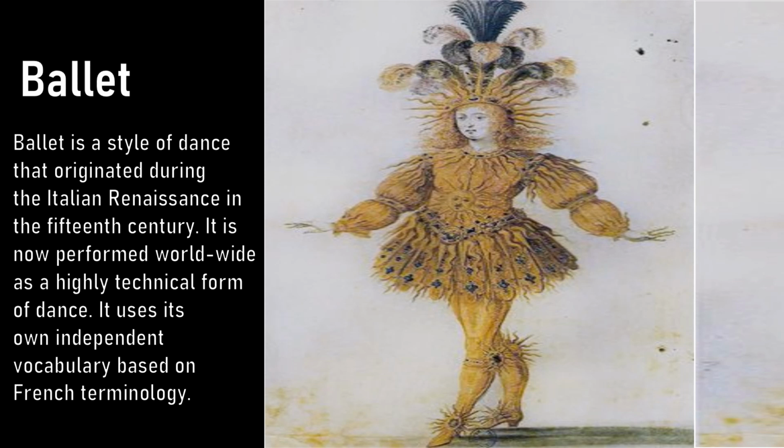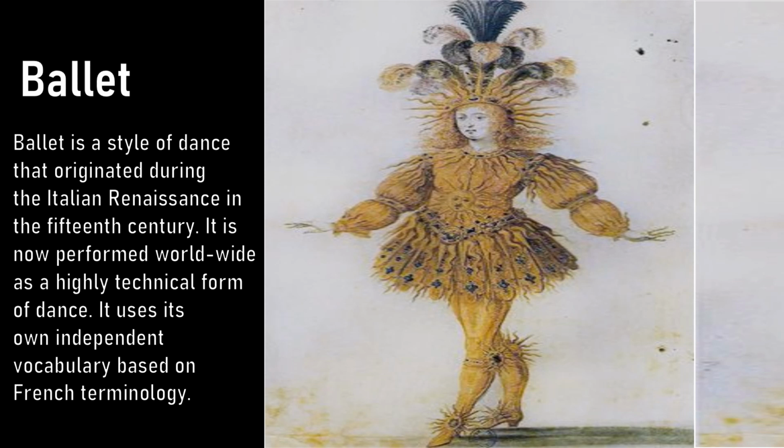Okay, just a little bit of context and description of what I see ballet as. Ballet is a style of dance that originated during the Italian Renaissance in the 15th century, so that's what we said in the last slide. It's been carried through history. It is now performed worldwide as a highly technical form of dance.